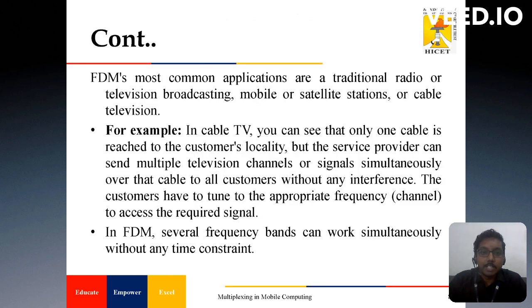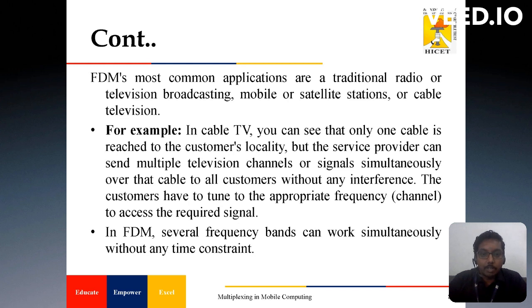A simple example of frequency division multiplexing is our cable television network. The service provider can send multiple television channels, but a customer can view a single channel at a time. If you are watching a sports channel and want to move over to a news channel, then we need to switch the frequency, that is, change the channel number.